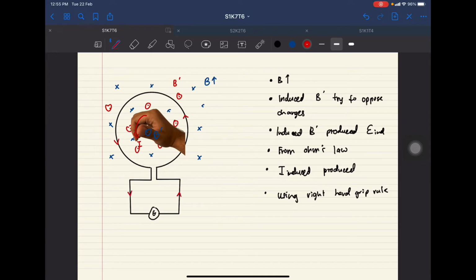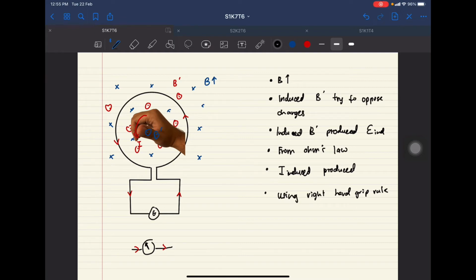If you want to focus on the deflection of the galvanometer, if you have a galvanometer sitting over there like that, and the current is going to the right over the galvanometer, the pointer will be deflected to the left, in the opposite direction.